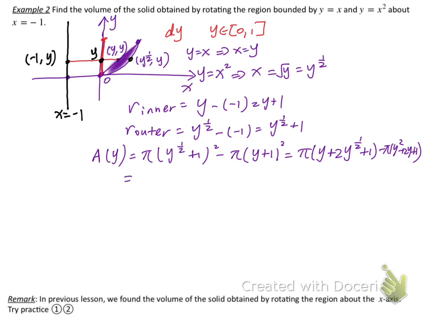And this gives me pi y plus 2 pi y to the 1/2 plus pi minus pi y squared minus 2 pi y minus pi.